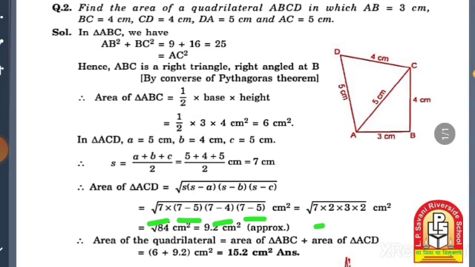So 7 multiplied by 2 multiplied by 3 multiplied by 2, the multiplication of these four terms is 84, and the square root is approximately 9.2 centimeter square.